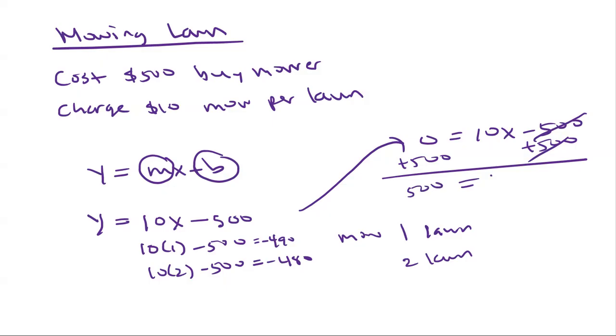I have 500 on the left, and then divide both sides by 10. So x will give me 50. That means I have to mow 50 lawns in order to come out even. After I mow 50 lawns, then I can start making money.